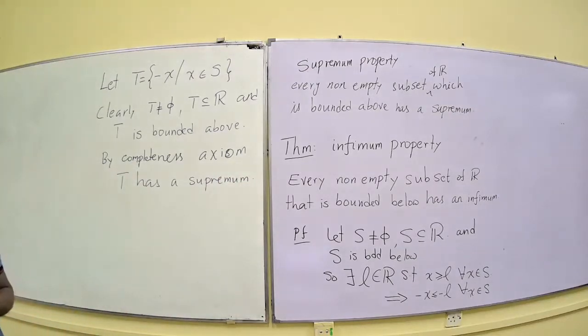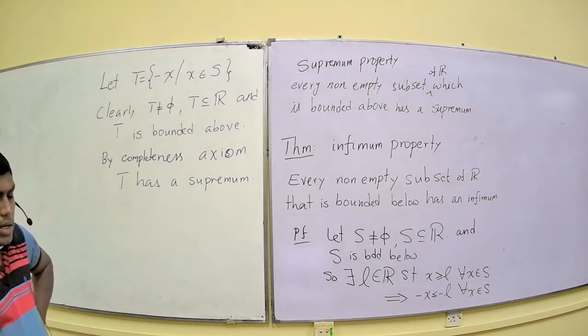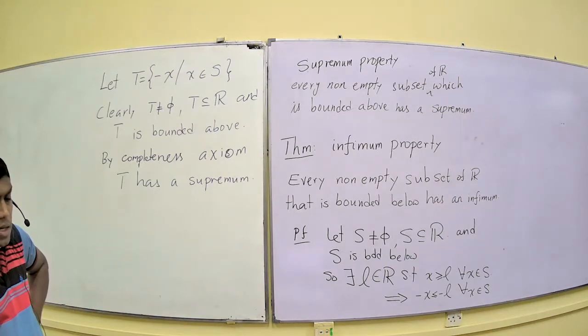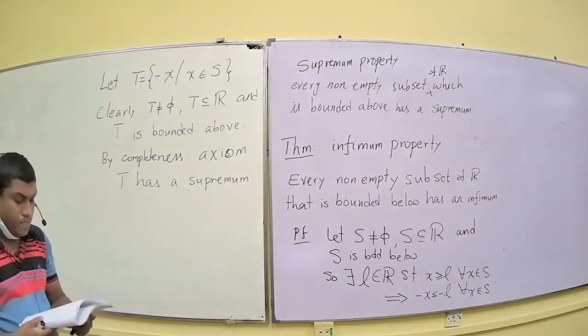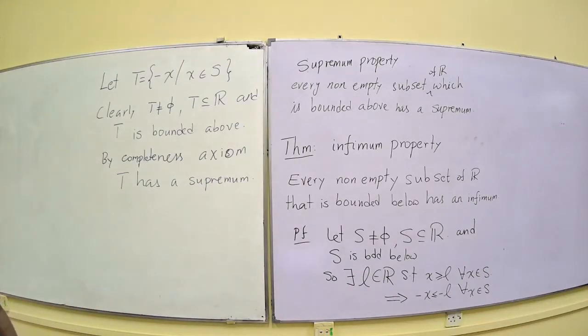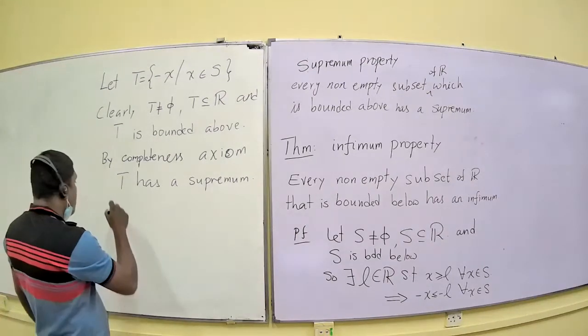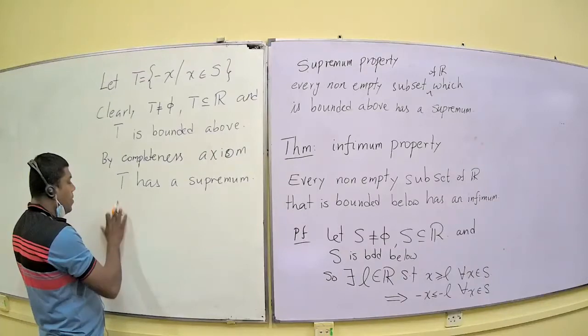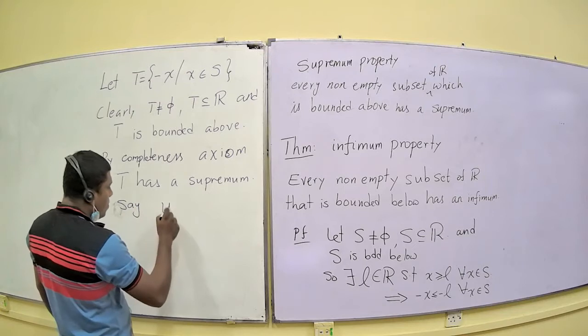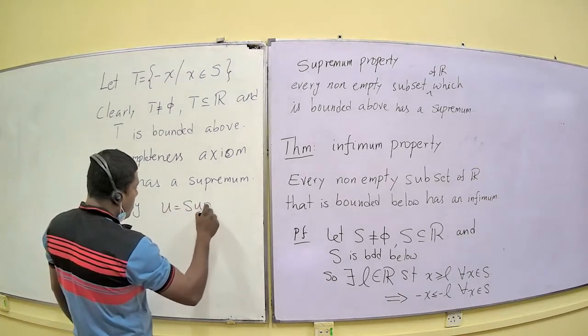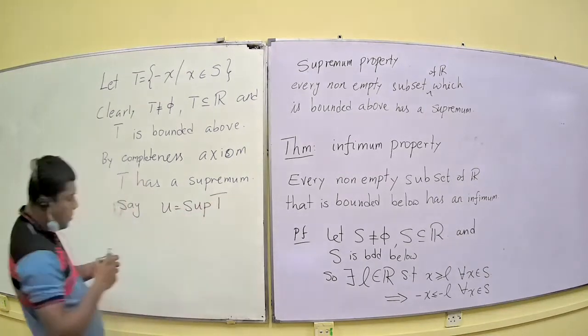So by the completeness axiom, you can say that T has a supremum, right? So you can name the supremum now.